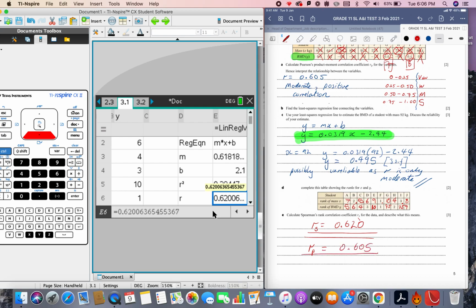So look, even if we rank the data, both are hinting only moderate positive correlation. Okay, sometimes if you switch from Pearson's to Spearman's and do the ranks, and the ranks actually then zoom up in terms of the value of the correlation coefficient, then you can conclude actually there's strong positive correlation. But for both measures there's moderate positive correlation, and that's the question.